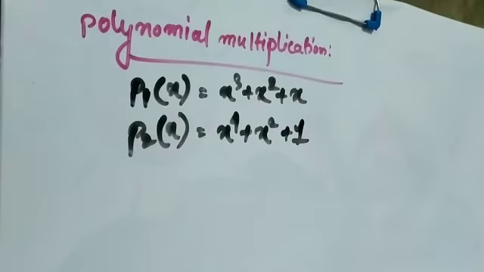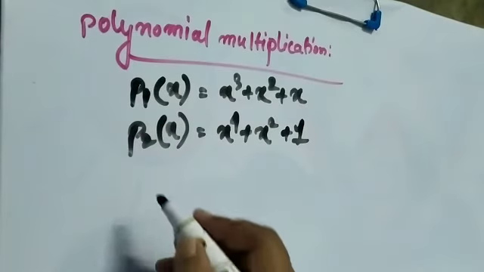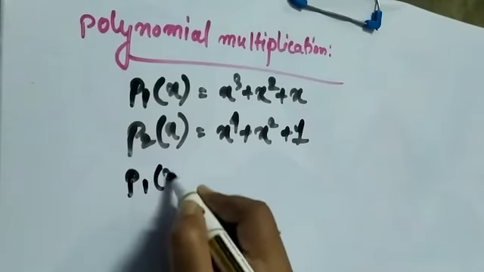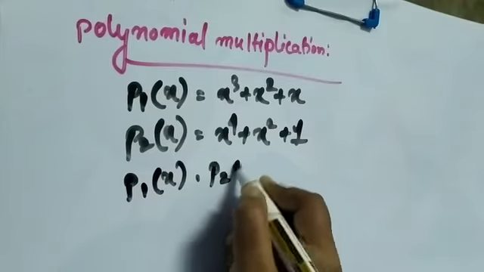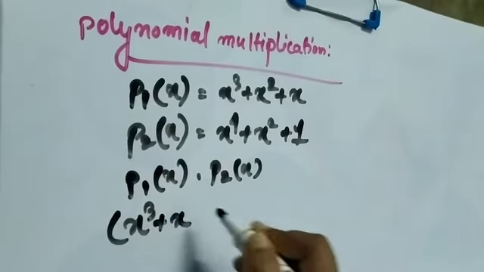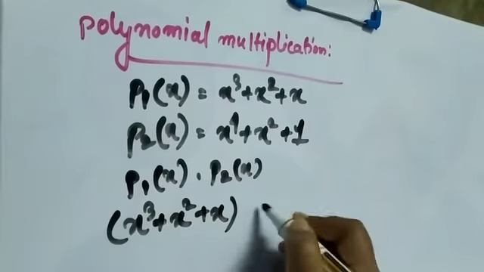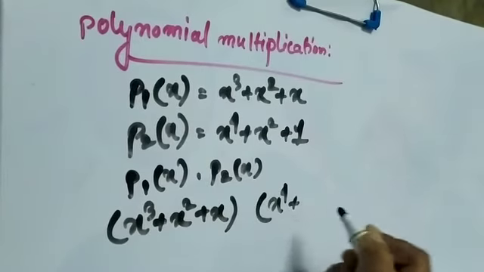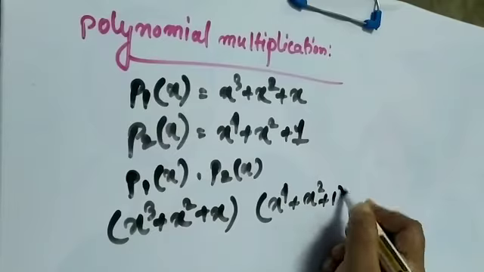If we want to multiply these two polynomials, we have to write P1(x) into P2(x) as x cube plus x square plus x, into x to the power 4 plus x square plus 1.